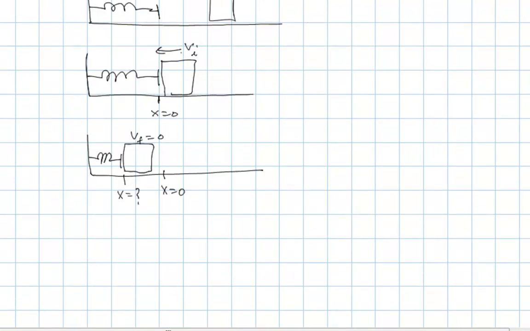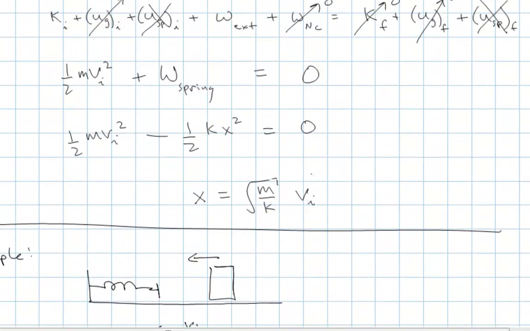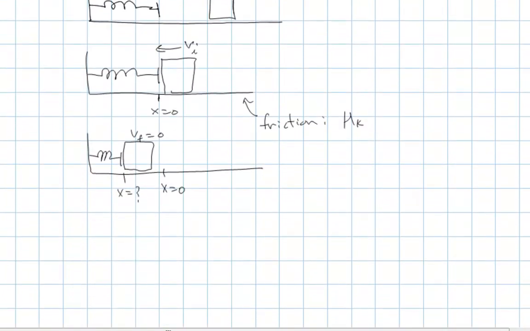So the initial speed is the speed of the block just as it's making contact with the spring. And the spring is in its unstretched length. And of course now we have friction. So we have to use some coefficient of friction in solving this problem. It's not going to slide as far in this case as it did in this example earlier, because there's friction now also dissipating some of that mechanical energy into heat.